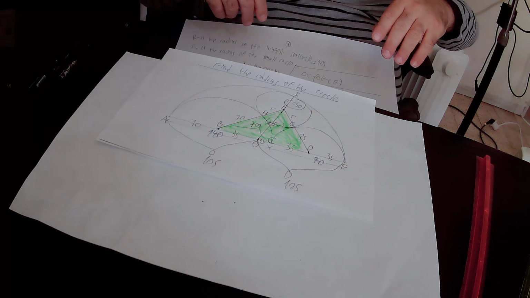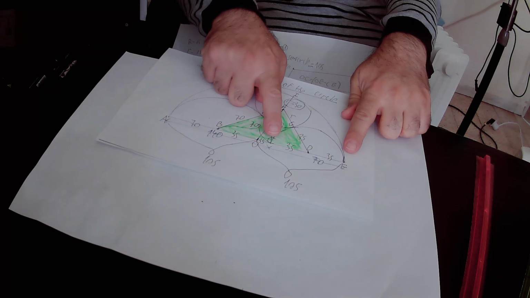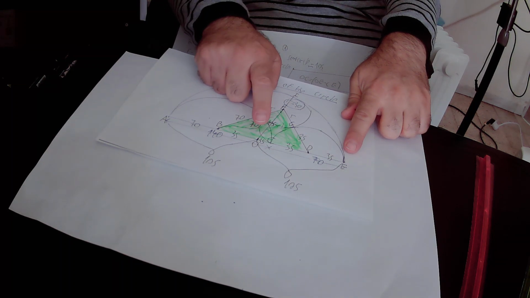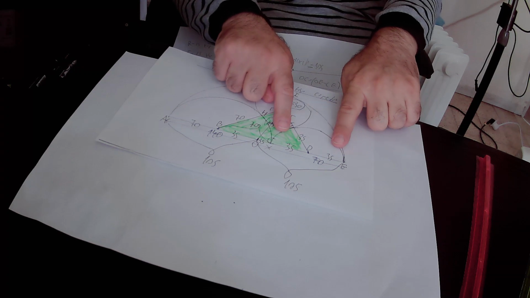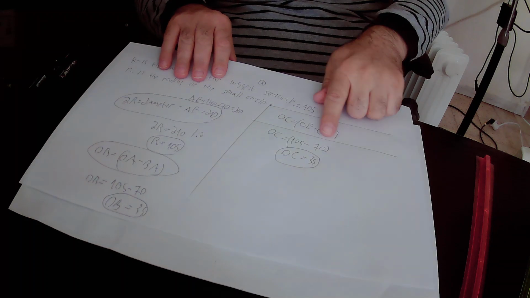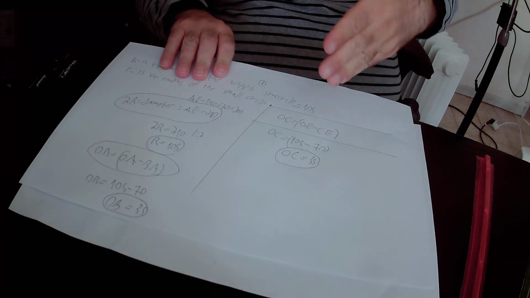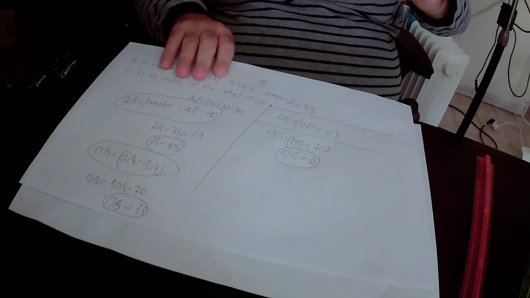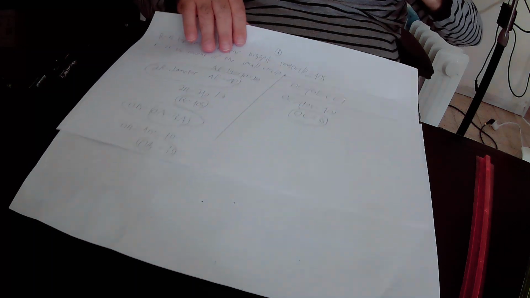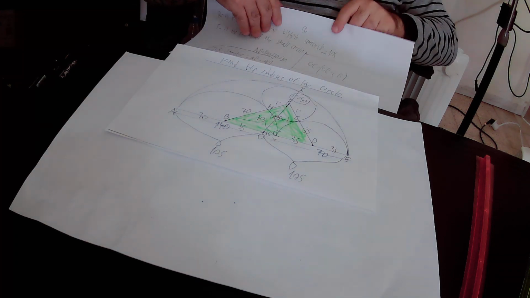OE is 105 units, the radius of the biggest semicircle, and CE is 70 units. Therefore, OC equals 105 minus 70. 105 minus 70 is 35. So in conclusion, OC equals 35 units in length.